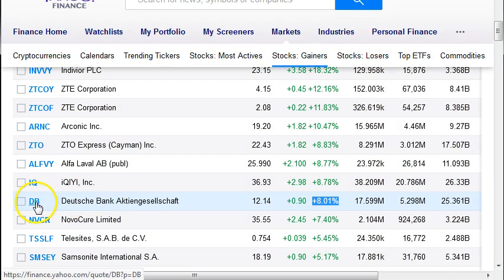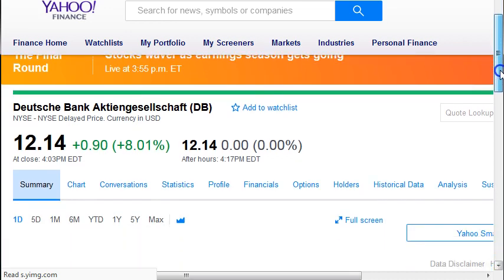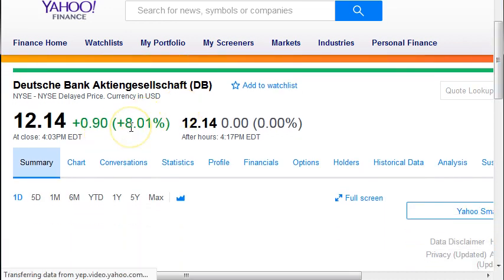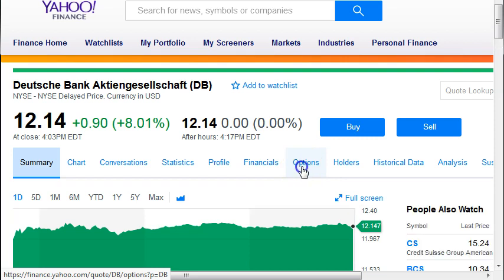Okay, so let's click on Deutsche Bank, and the Deutsche Bank stock summary opens up. It went up by 8%, as we just saw. Let's look at the options for Deutsche Bank. You find options here in this tab.